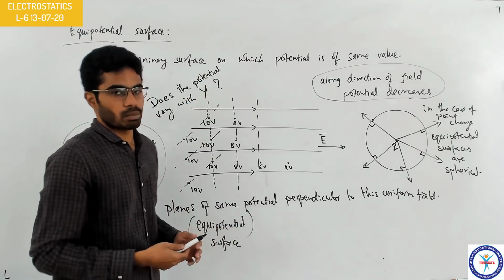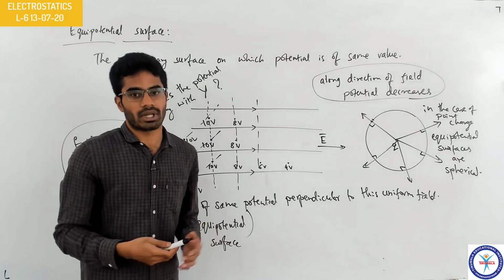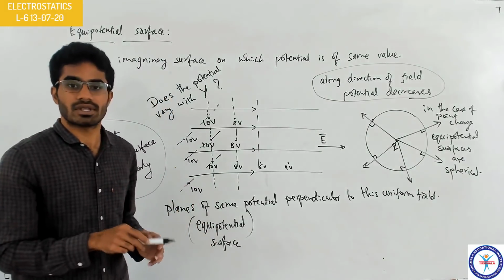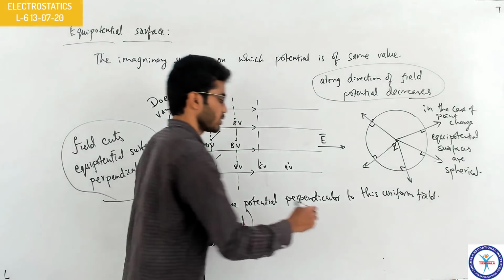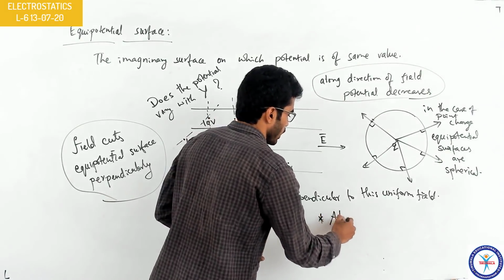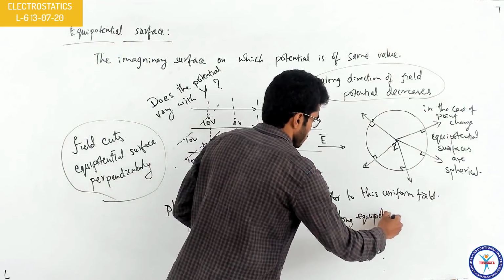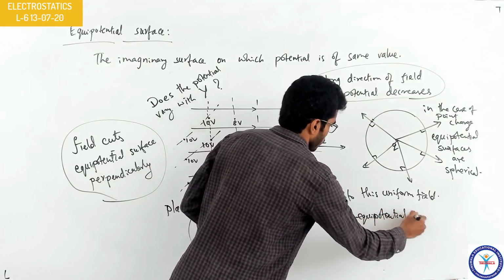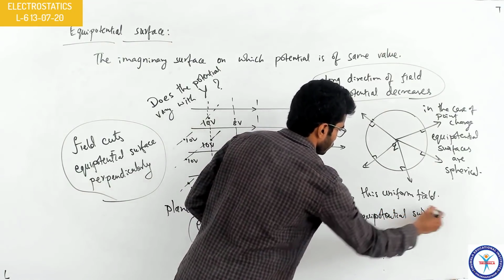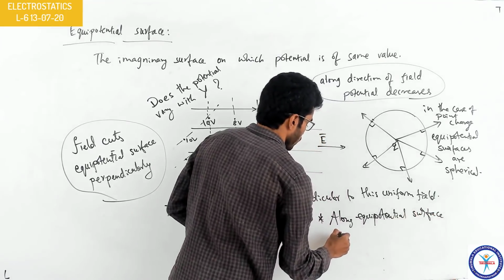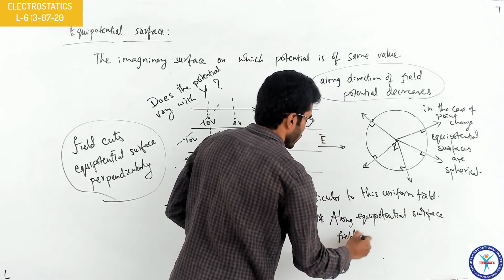That way you can explain the equipotential surface. Along the equipotential surface, there will not be any field component. That is also important. Along the equipotential surface, the field component is 0.